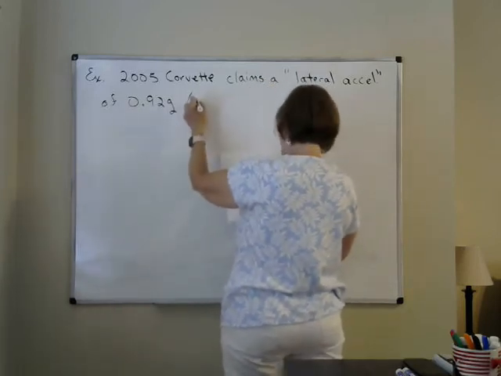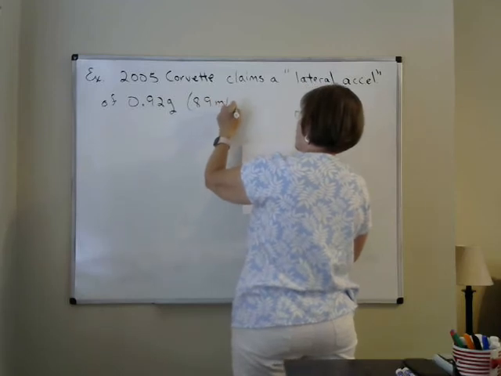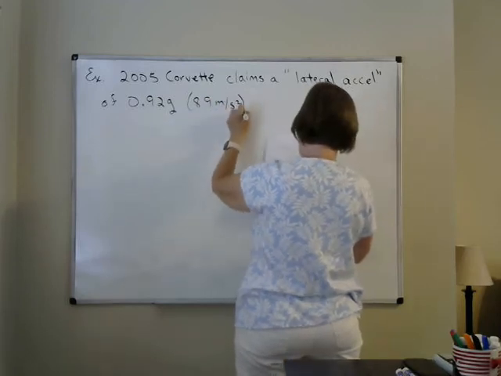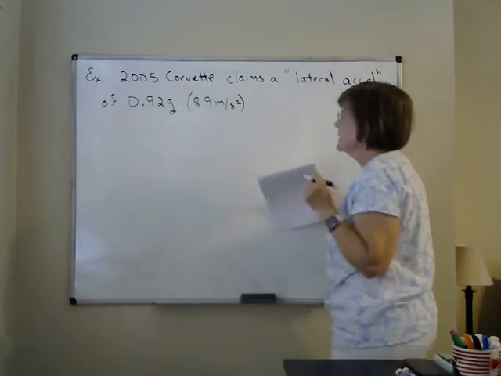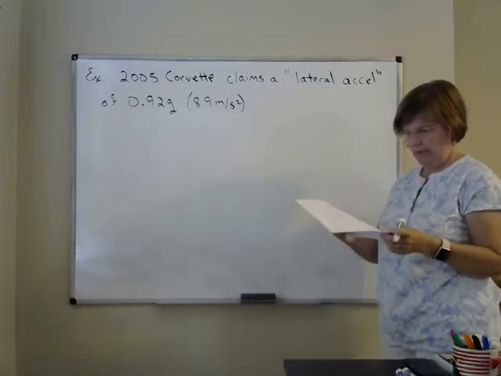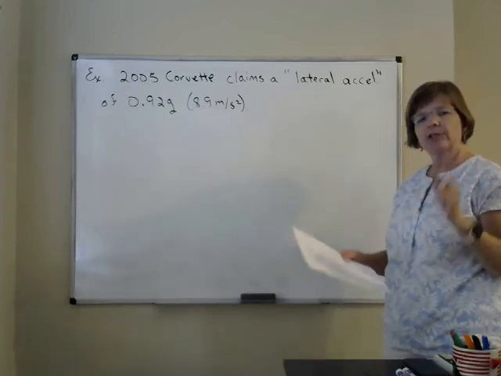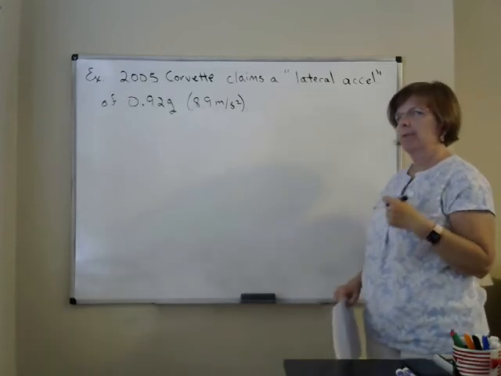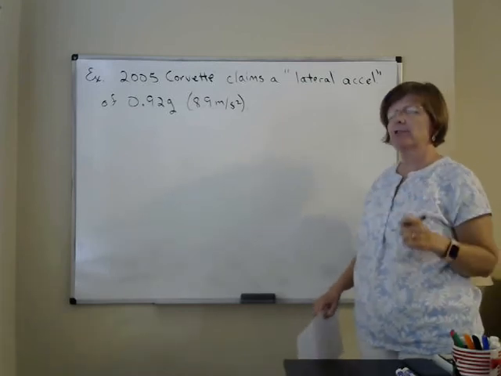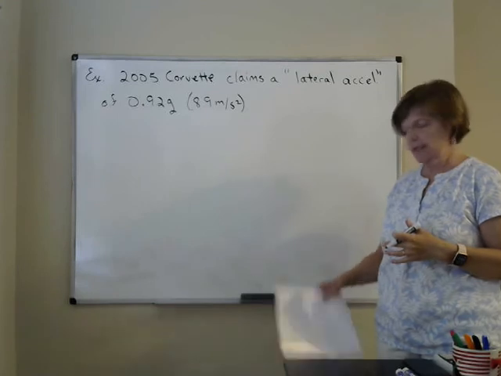That's 8.9 meters per second squared. This is the maximum centripetal acceleration that can be achieved without skidding. Remember, that means it's the maximum acceleration it can have traveling in a circle without sliding off the road. We don't want to skid.